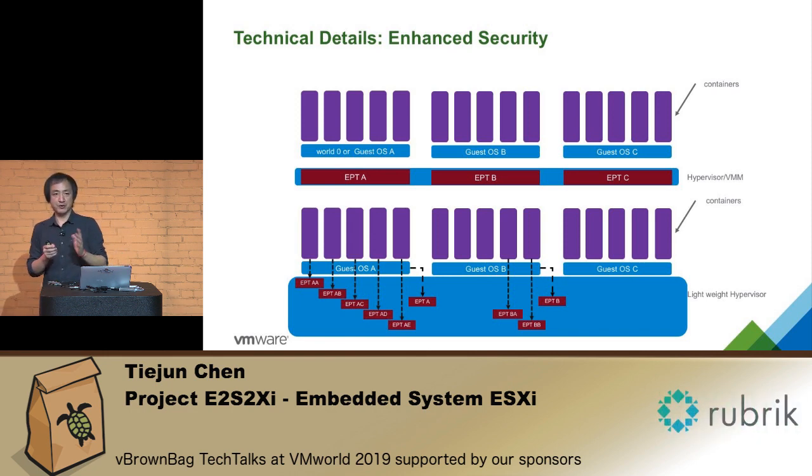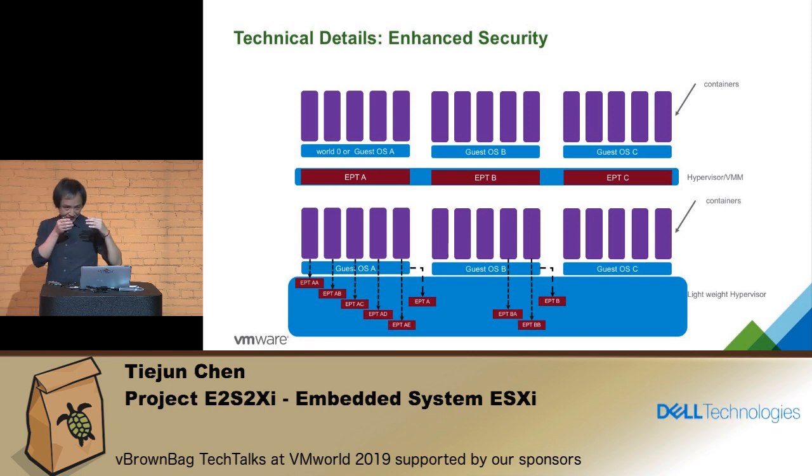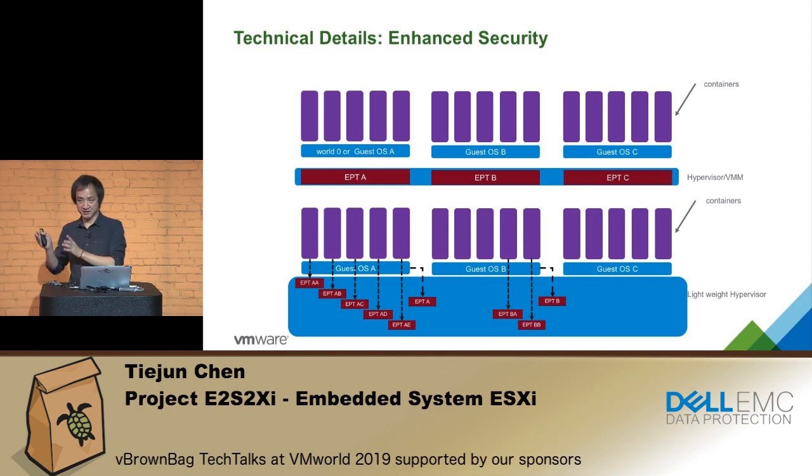So there is a new problem: one VM just has one EPT table. The EPT table is a feature that helps you convert a guest physical address to a host physical address. Now we assign multiple EPT tables to one given VM. According to different requirements, we can assign an EPT table to each container. We can isolate each container within one VM and provide strong isolation protection.